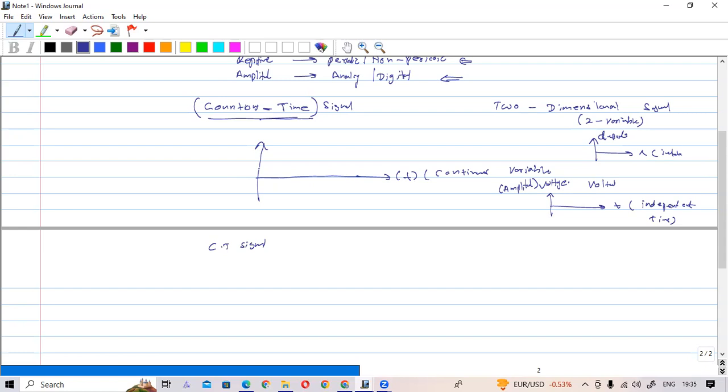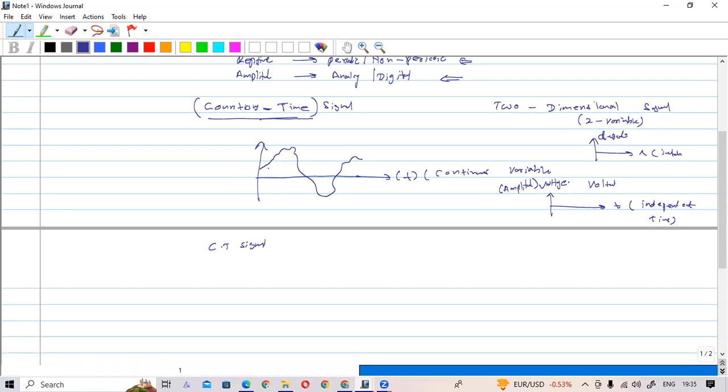Continuous means, if you have a signal like this and you take any two time points, within this time interval there are an infinite number of values, all time values are there.